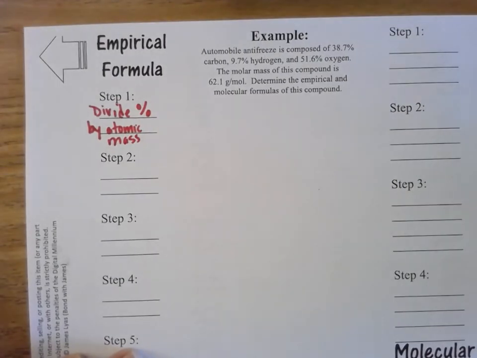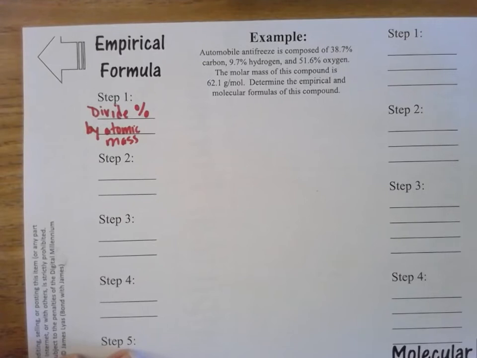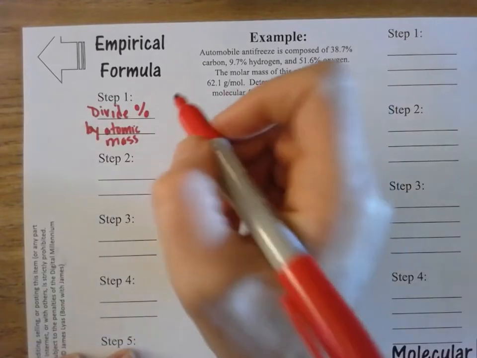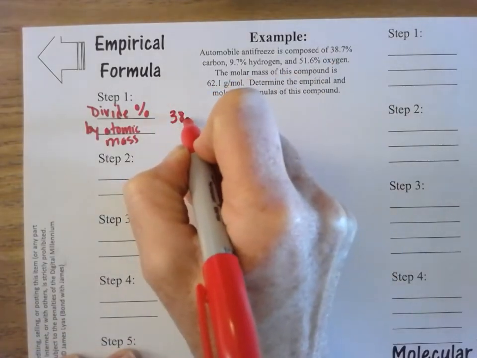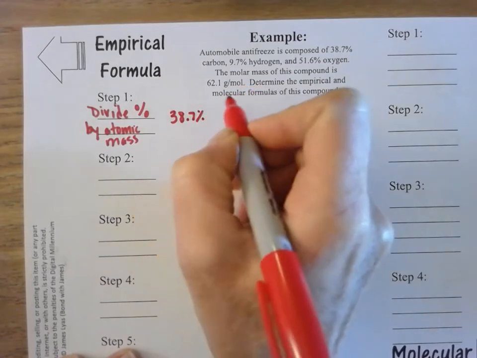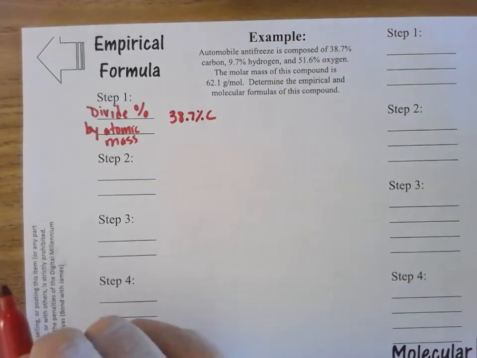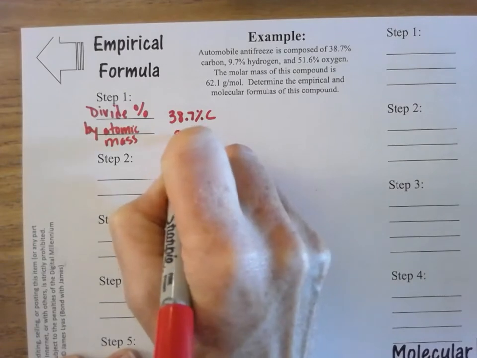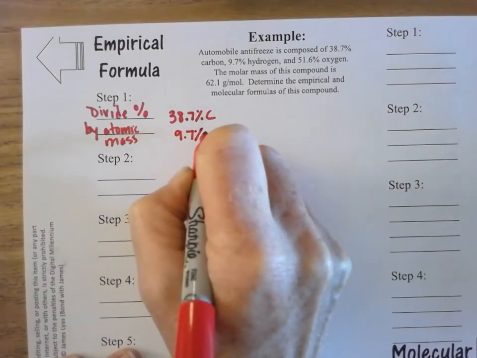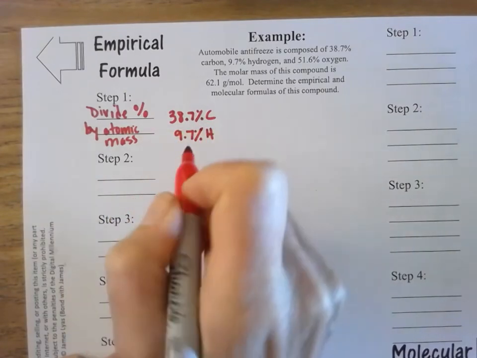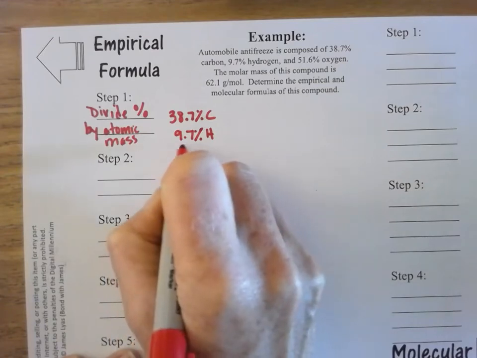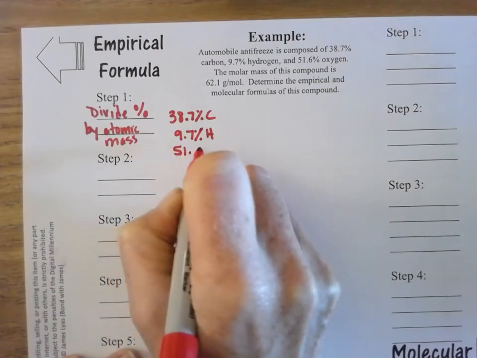So in this problem, I have 38.7% carbon. I'm going to put the C there so I know what it is. 9.7% hydrogen, and I have 51.6% oxygen.